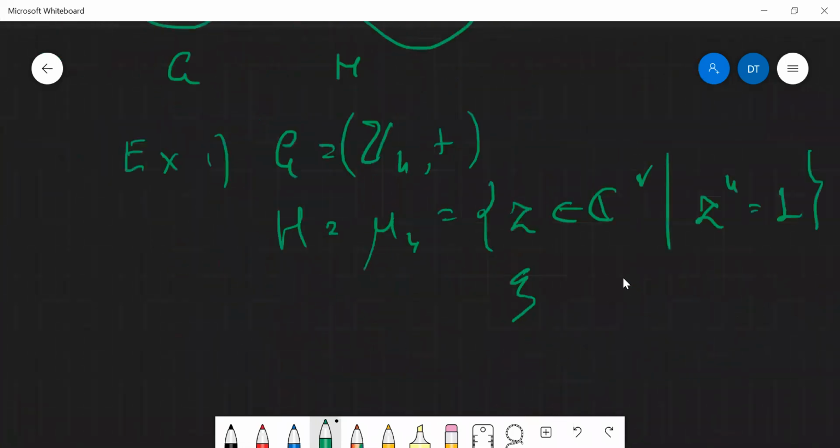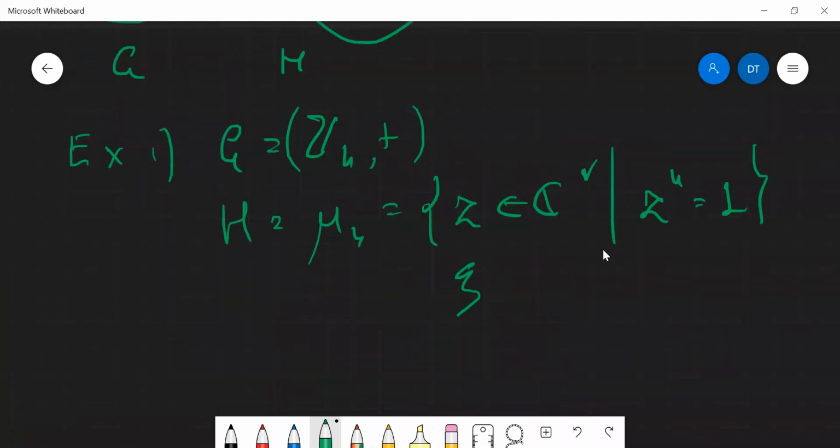Yeah, they're equal, but not literally. Exactly, and that's how you should think of it. So they have exactly the same properties. If you change a group to an isomorphic one, you change nothing. So if it's more convenient to switch a group to an isomorphic one, just do it, because you don't change anything.